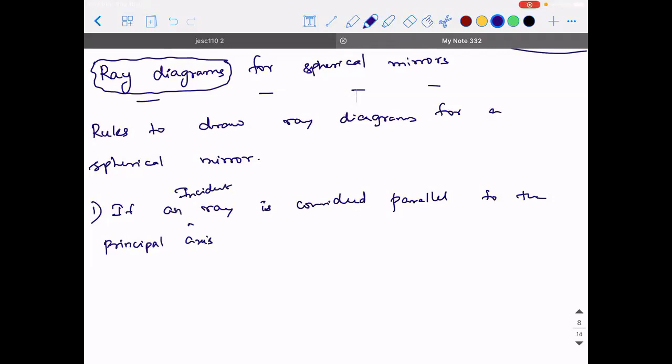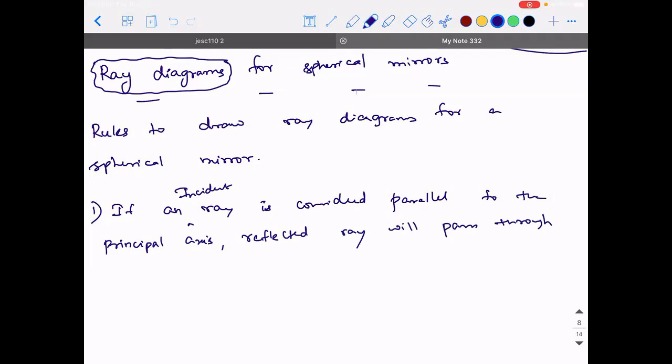that is, if an incident ray is parallel to the principal axis, how do you think the reflection will take place? The reflected ray will pass through which point? Pole, sir.